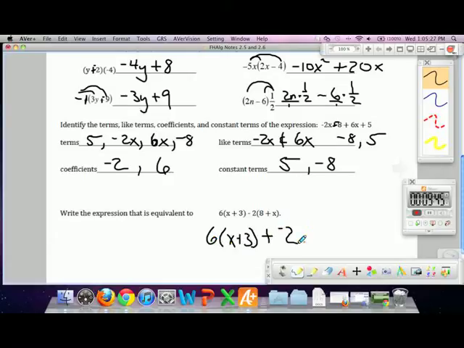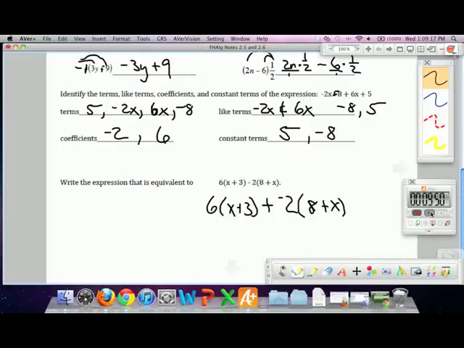And you should have gotten 6x plus 18. And if you distribute -2 like I told you to, and you didn't try to cheat here, you get minus 16 minus 2x, or plus -16 plus -2x.